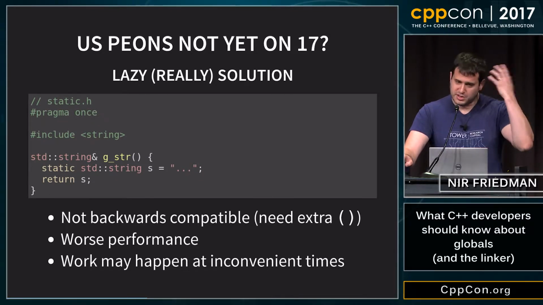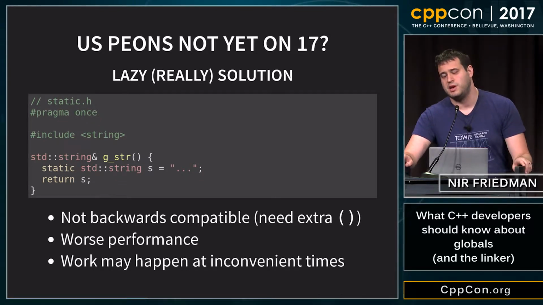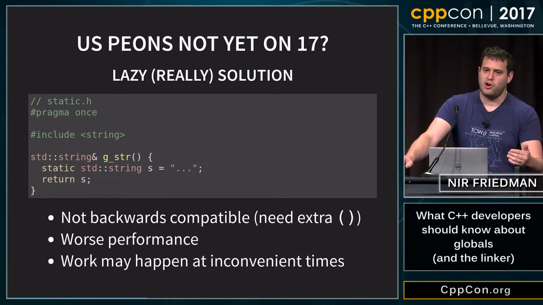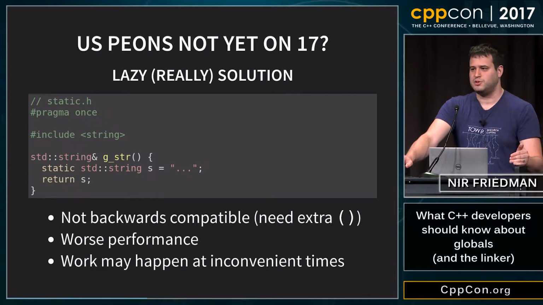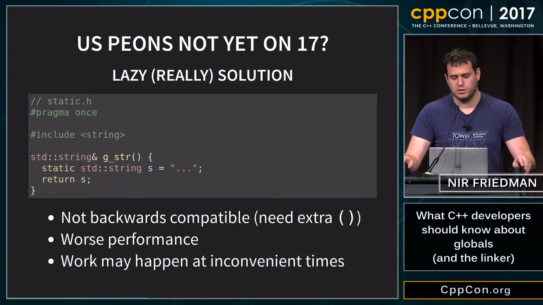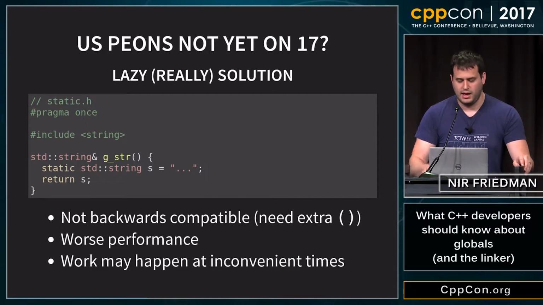And also, for some people this may be an issue, for some it may not, but whenever you do something lazily in a complex program, you are taking the chance that it's going to happen at a really inconvenient time. So if you care a lot about performance, lazy may not be great. I've actually had plenty of issues with lazy things happening at the worst possible time, and it's not good.